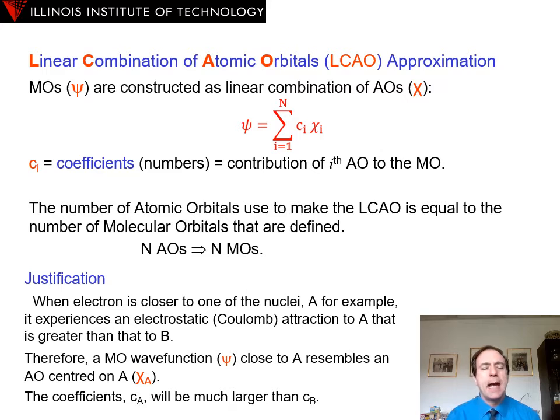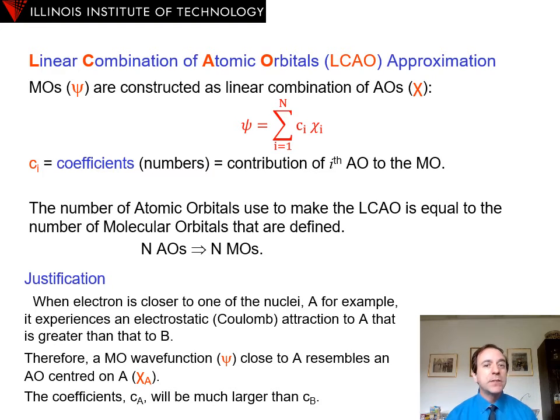Another thing that's going to happen is, when we have dissimilar orbitals, and we'll look at this with the heteronuclear diatomic molecules, we'll have a break in symmetry. We'll have one atomic orbital be closer in energy to one of the molecular orbitals.